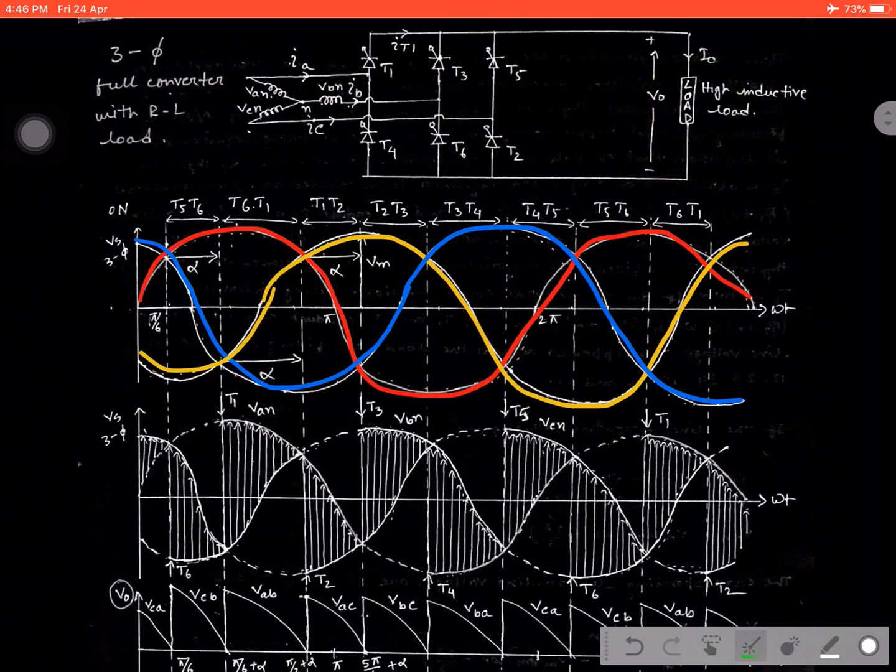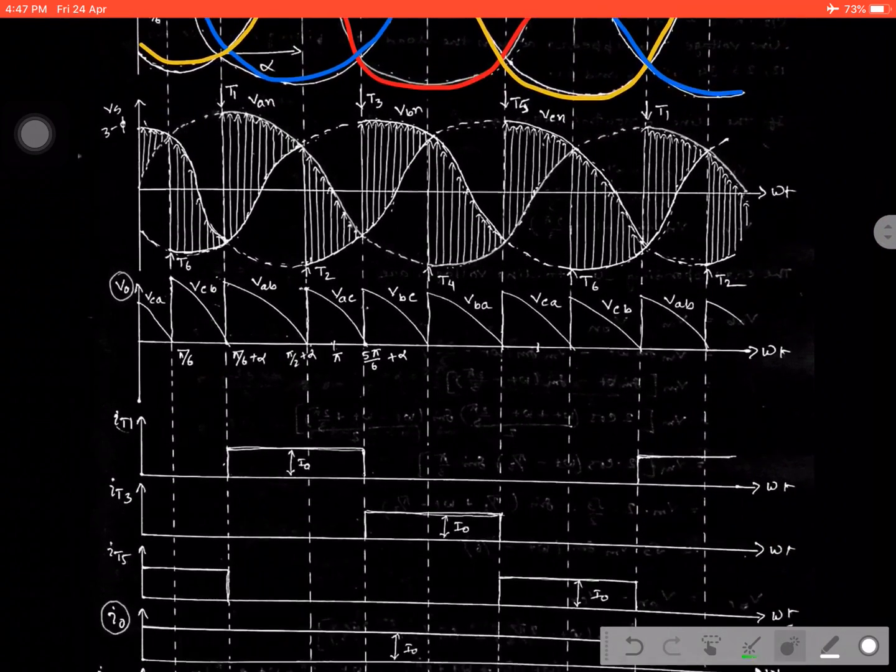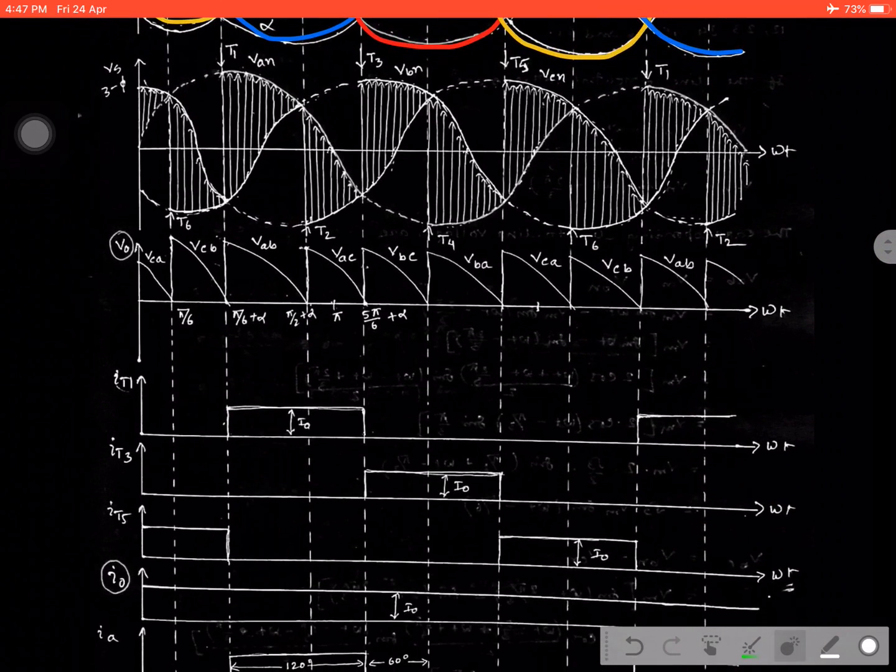Now we are going to plot the waveform for the phase current, that is IA, IB or IC. IA means when T1 starts conducting with any other switch. It can be demonstrated with a good example from the voltage waveform.